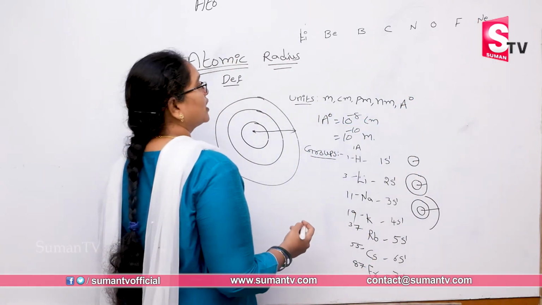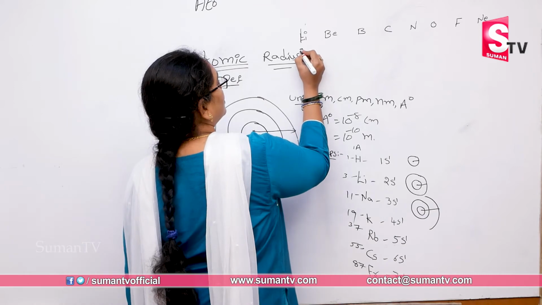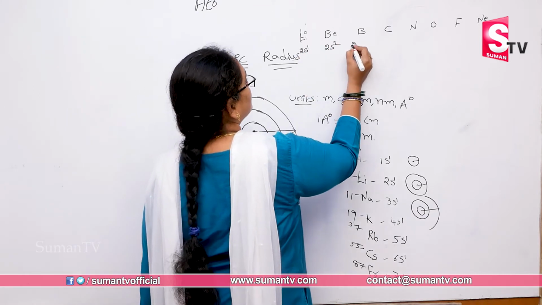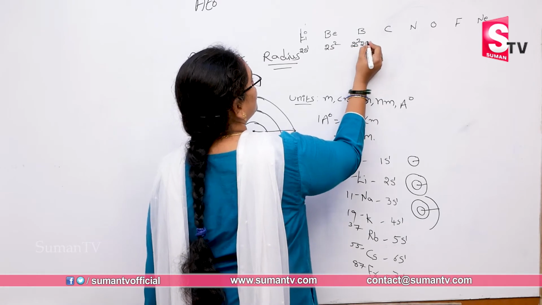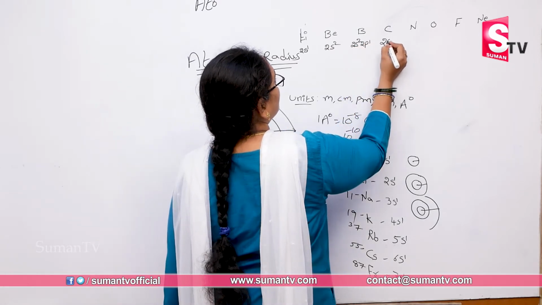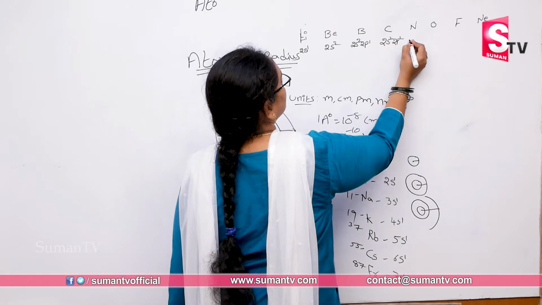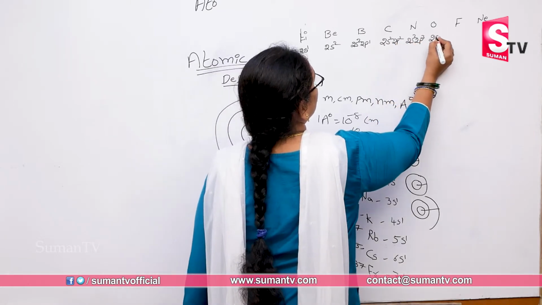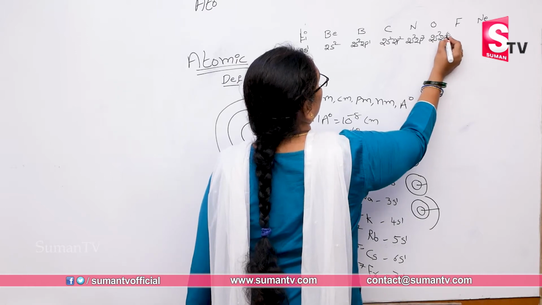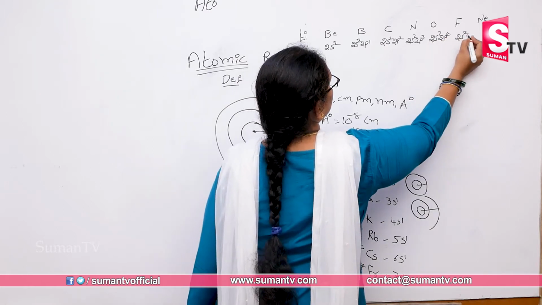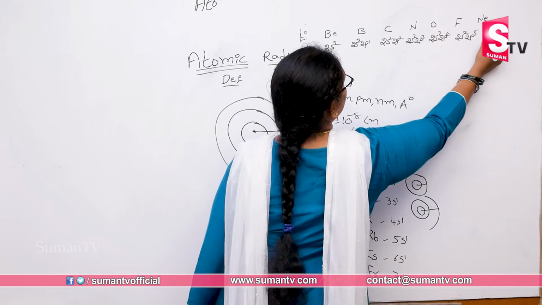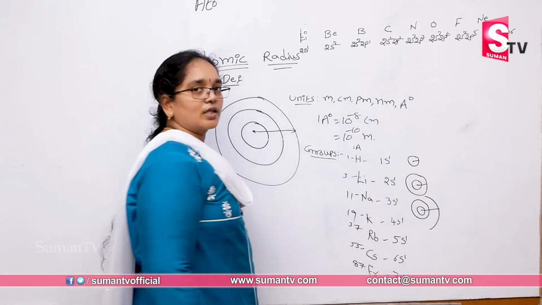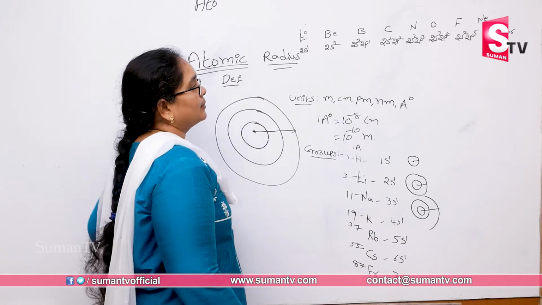Their electronic configurations are 2s1, 2s2, 2s2 2p1, 2s2 2p2, 2s2 2p3, 2s2 2p4, 2s2 2p5, 2s2 2p6. This is the atomic radius.